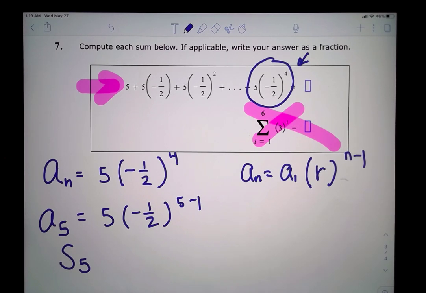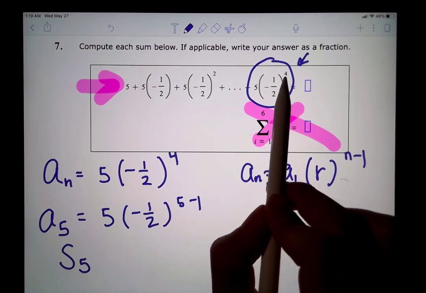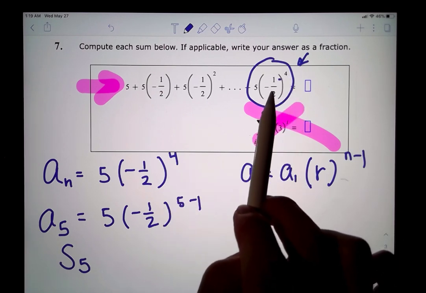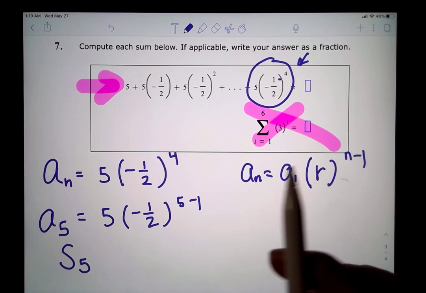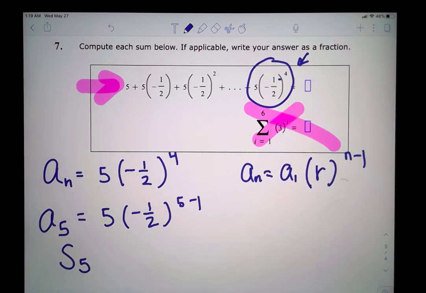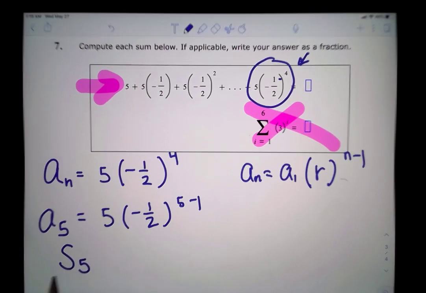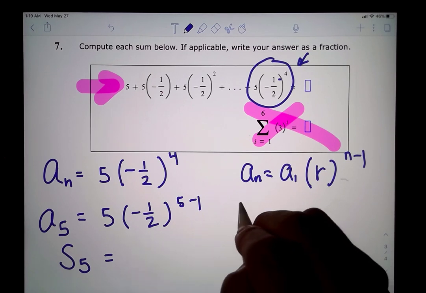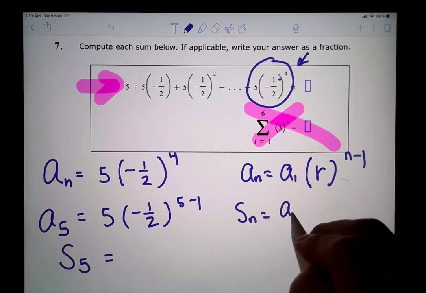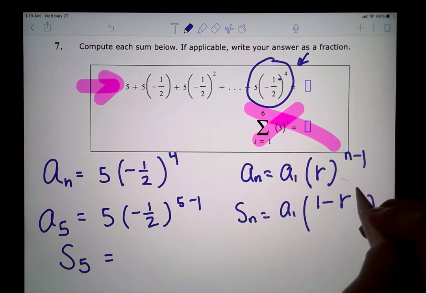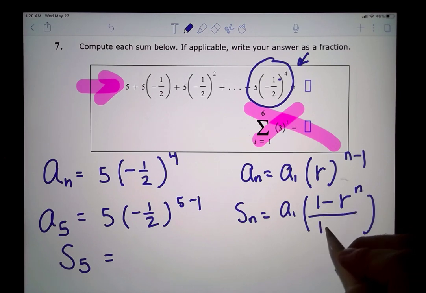And don't get confused with the power. That's already n minus 1 because that's your term, so you need to add 1 to it. If that is 4, then your term number will be 5. So I want to know S5, and let's think about the formula. Our formula was a1 times parentheses 1 minus r to the n over 1 minus r.